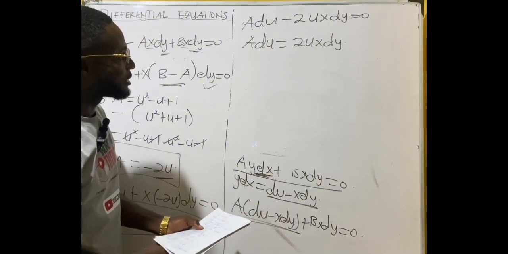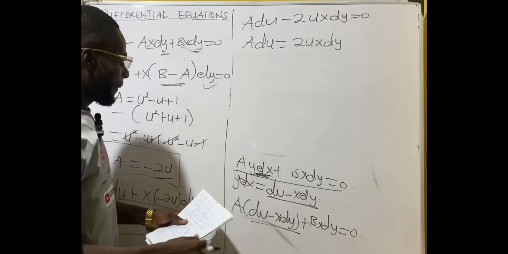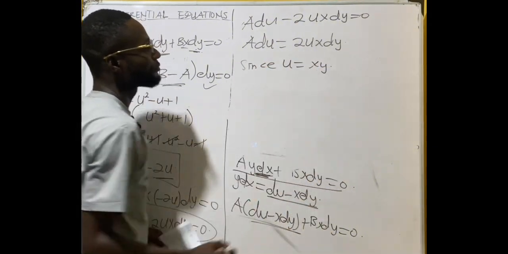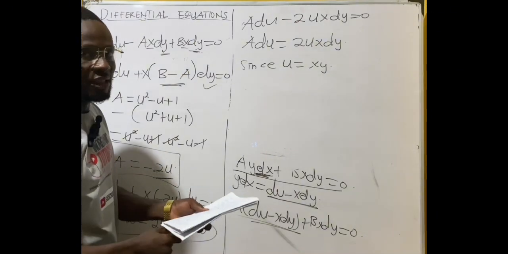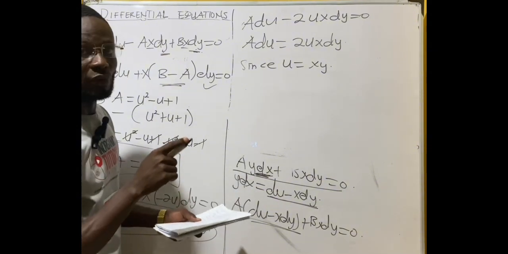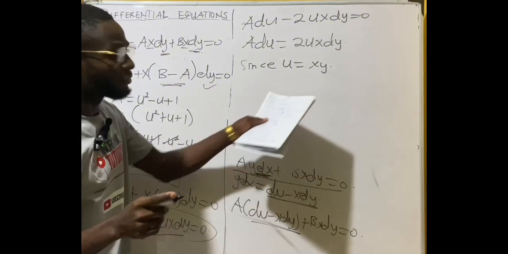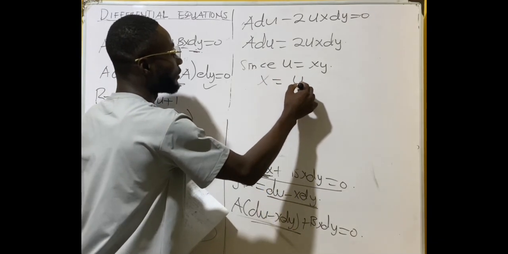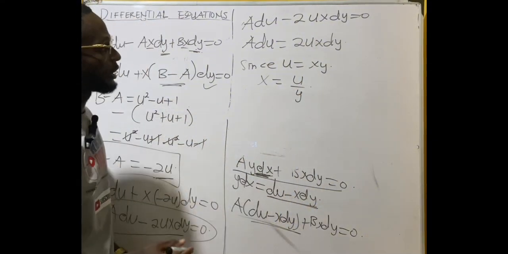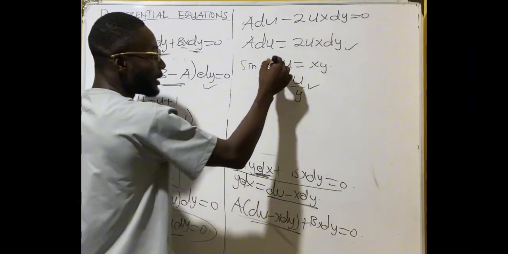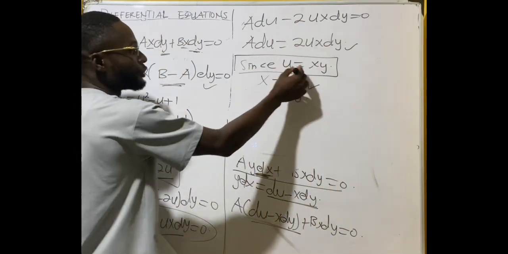Don't forget that we said u should be what? xy. So since u is equal to xy, then we can do some substitution, right? Since u is equal to xy, then we can make x the subject from there, right? So making x the subject, we're going to have x equals u over y. Okay, so we're going to substitute this into this, right? At the beginning, we said that u should be xy.